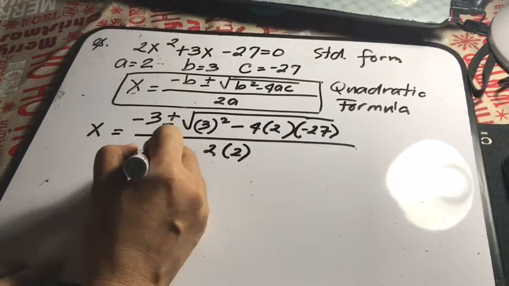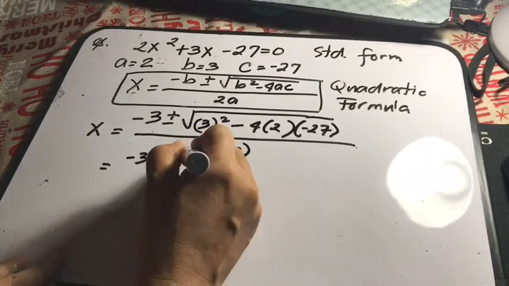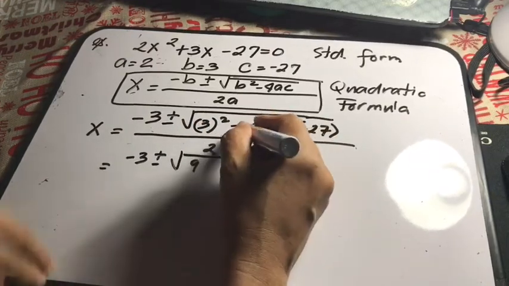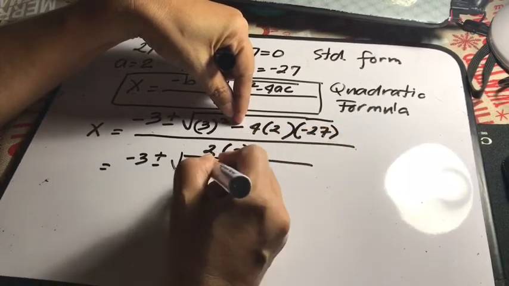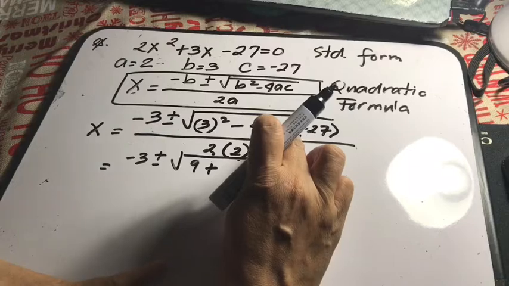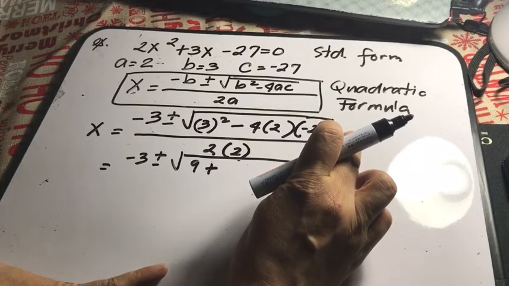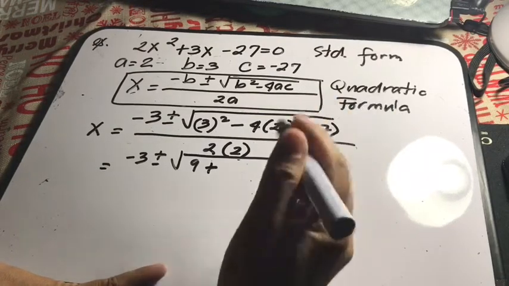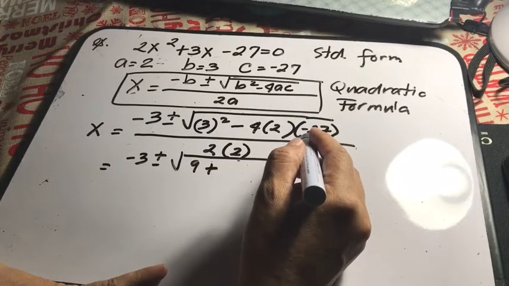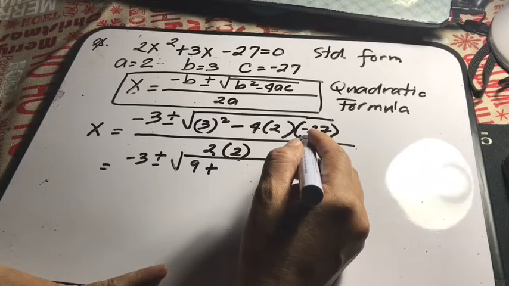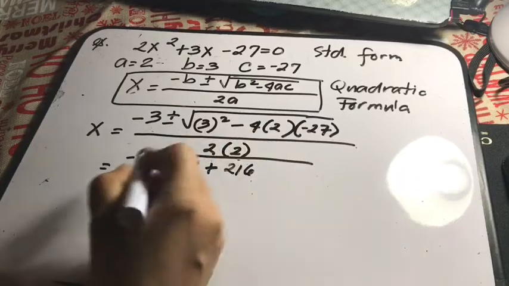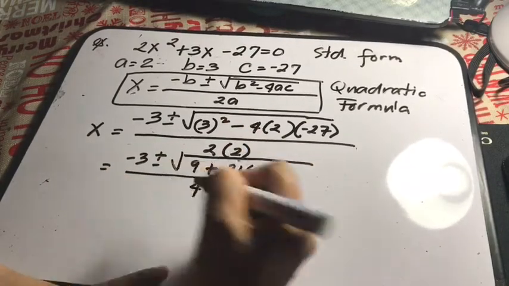This is equal to negative 3 plus minus the square root of 3 squared, which is 9. Negative times negative is positive, so 4 times 2 is 8 times 27. Let's multiply this. 8 times 27 is equal to 216, all over positive 4.